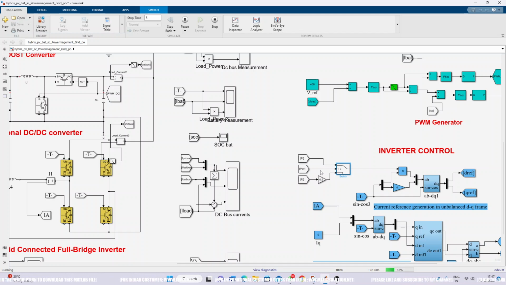If the power of PV is less than 800, we are getting the power from the grid. So this is the concept we are using here.